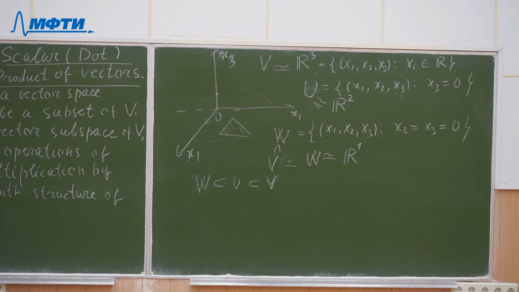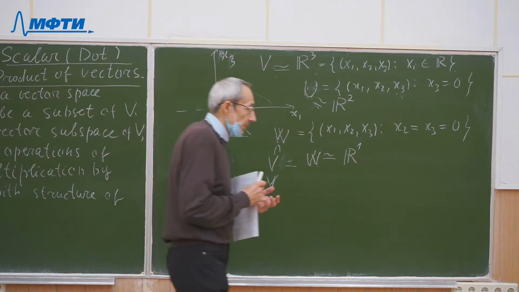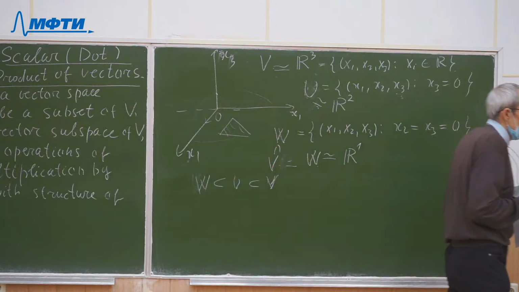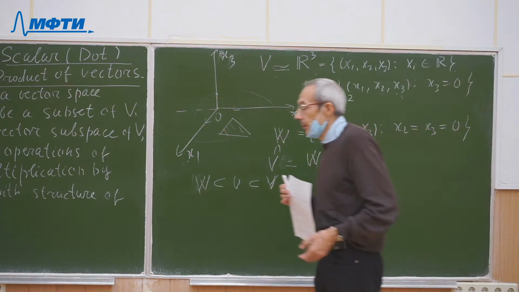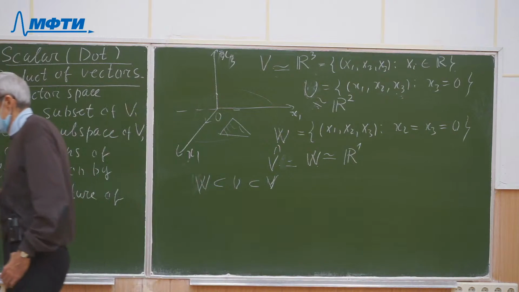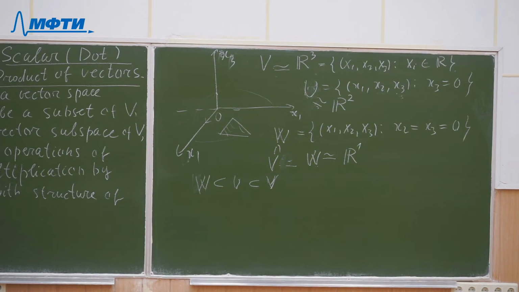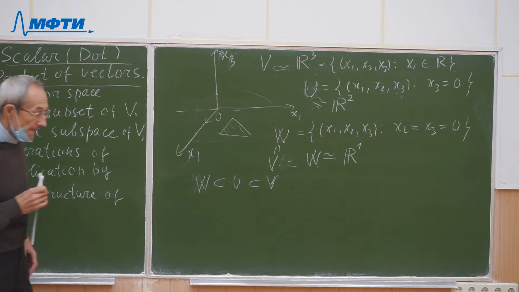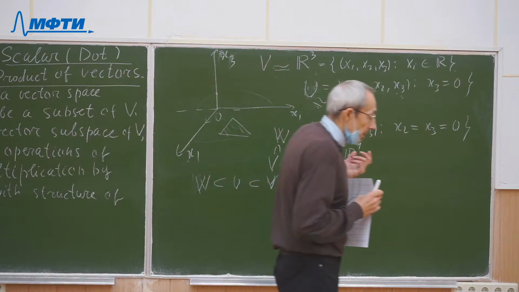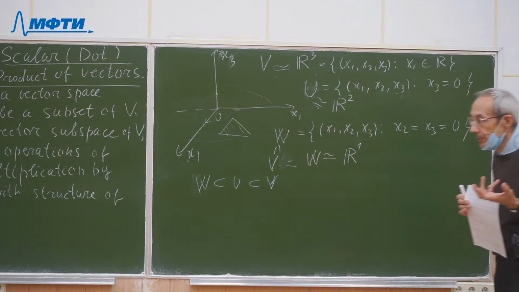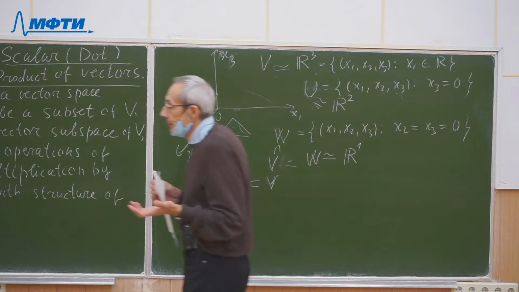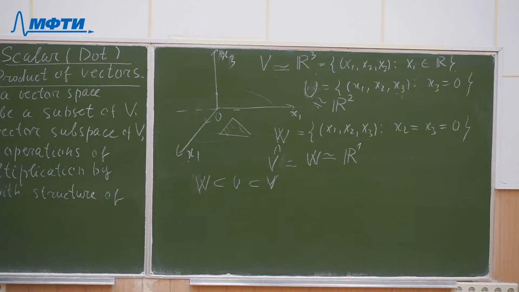And we can assert that the axioms of commutativity and distributivity also must be fulfilled for vectors from our subset. We need to check only the zero axiom. What does the zero axiom mean?